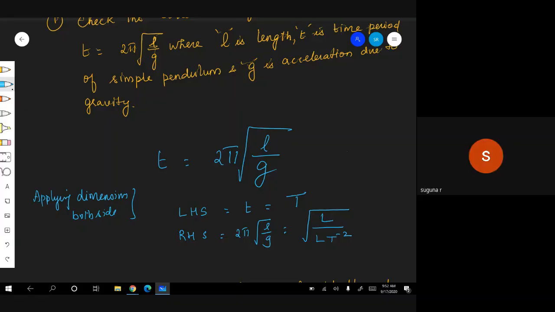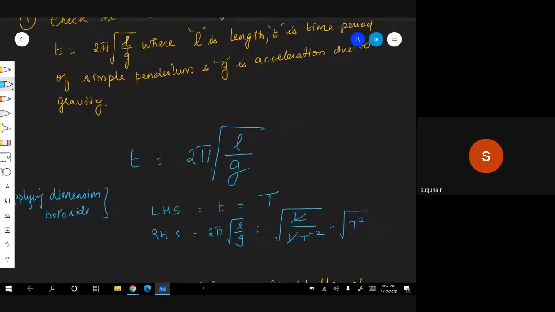Therefore L and L will cancel. That is nothing but root of T squared, since T power minus 2 comes to the top. So that is nothing but T. Don't bother about the numerals like 2 pi. You see only the physical quantities, apply the dimension, and see whether the LHS dimension is equal to the RHS dimension.